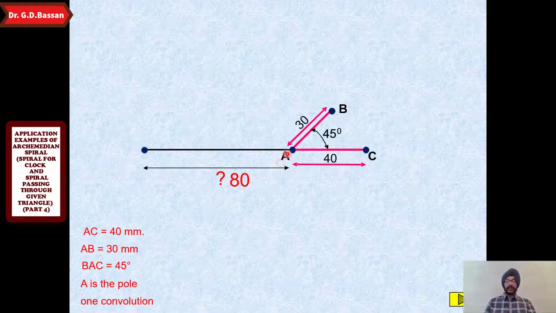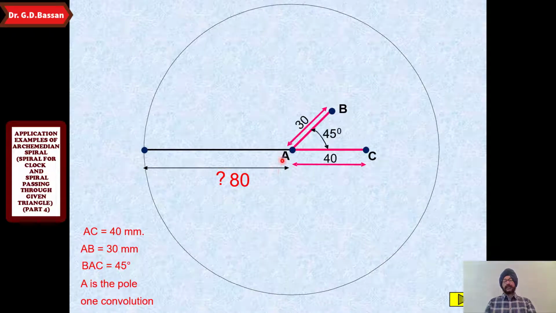Okay, so from A, draw a horizontal line equal to 80 mm, take center at A and complete the circle. Now you must be asking why I have drawn the horizontal line on this side, and why it won't be vertically upward or vertically downward. For that, you must see which is the starting point. A is the starting point.